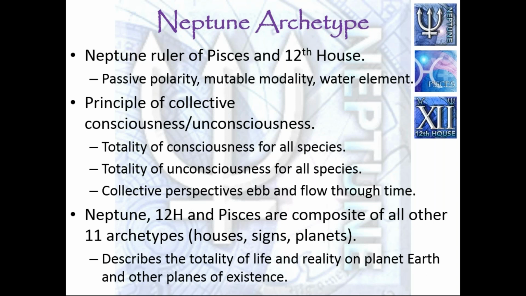You can make it be Gaia as a living heartbeat with planet Earth. It is also the totality of unconsciousness for all species. When something recedes from our current focus and goes into subconscious unconsciousness, it's still there. It's still information that we can draw back up into consciousness.